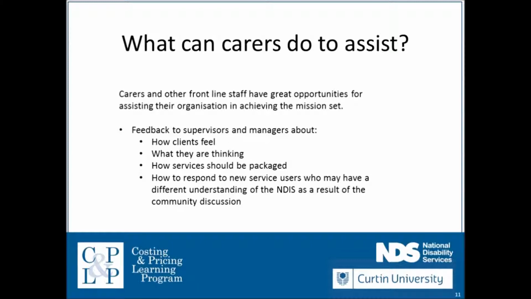The second element that should be considered in that context includes how services should be packaged.